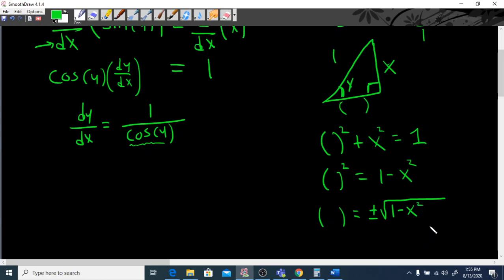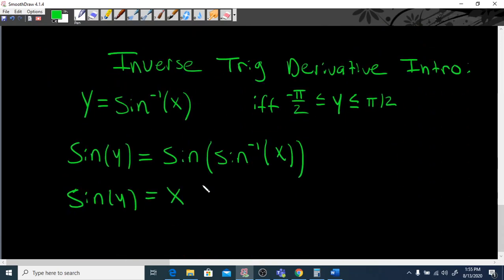Now, I said y has to be between negative pi over 2 and pi over 2. So let's remember what this means from pre-cal. Negative pi over 2 is down here, pi over 2 is up here. That's these two quadrants. Now notice in these two quadrants, x is never negative; x is greater than or equal to 0.